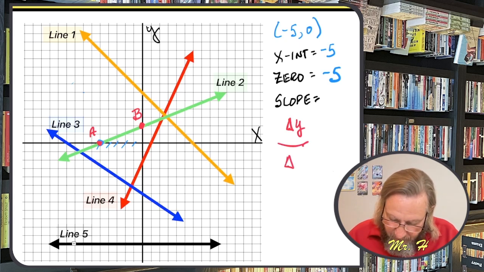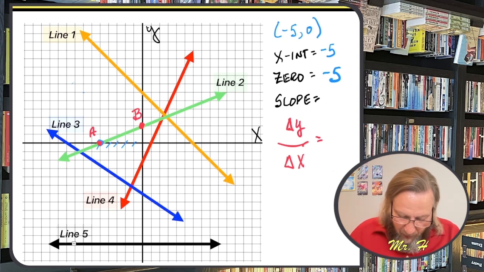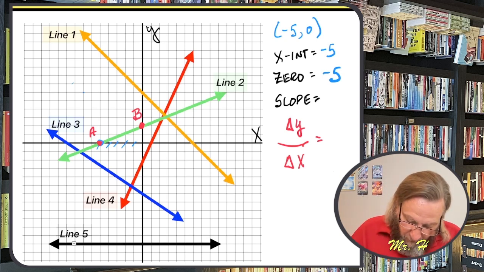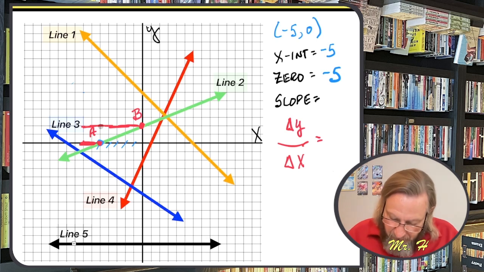And then we'll evaluate delta x, the change of x. So let's do the y values first. Our y values on point A are right here, and point B are right here. What is the change from down here to this? Well, that's just 1, 2. And that's 2 up, so that's going to be a positive 2.